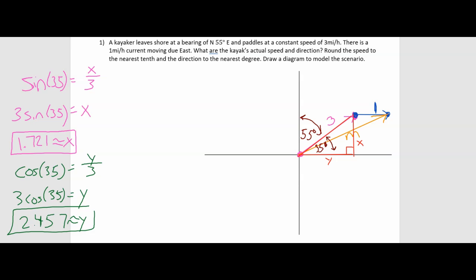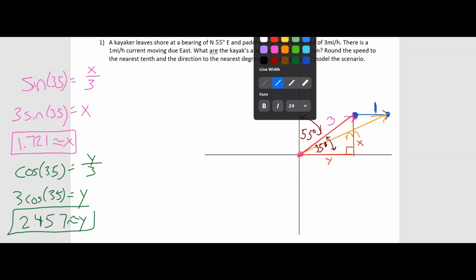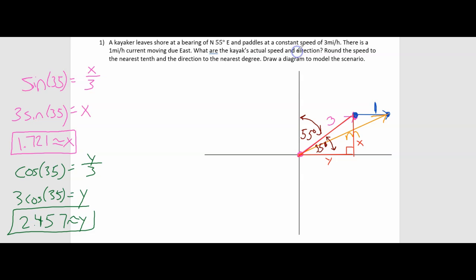Okay, so figuring out the pieces of the red triangle now allows me to figure out the orange, because I know the pieces of this green right triangle. And let's think about it. Well, the height of the red is the same as the height of the green.